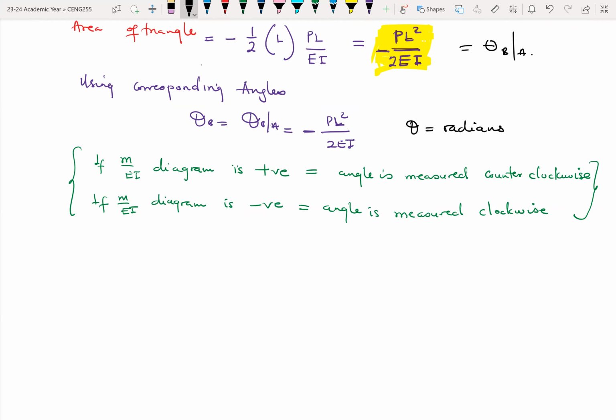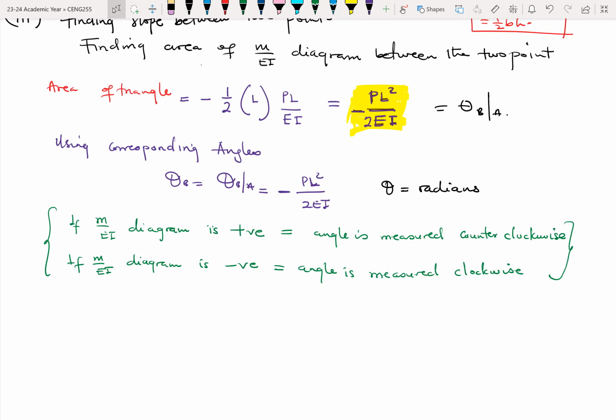So I'm saying that the angle here, theta, is in radians. And if your M over EI diagram, that is, your bending moment diagram, is positive, it means that the angle is measured counterclockwise, against the clock. But if your moment diagram is negative, then your angle is measured clockwise.